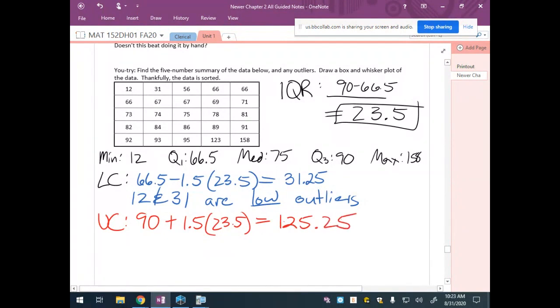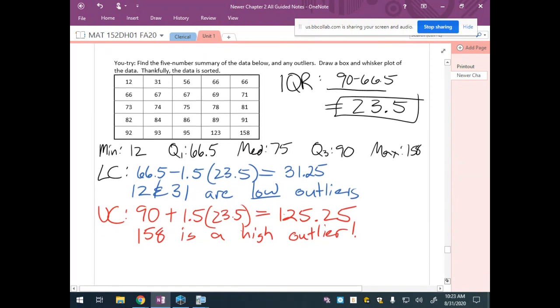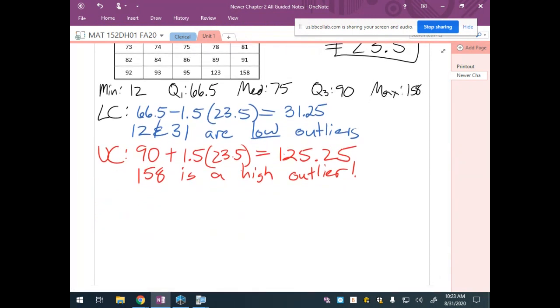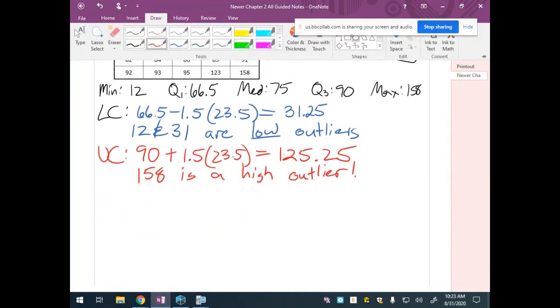Do we have any values above that? Yes, which ones? 158 is our only high outlier. So now we're going to make a box and whisker plot.